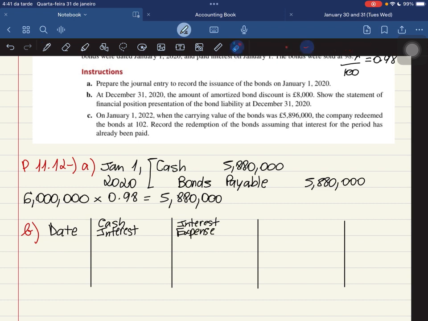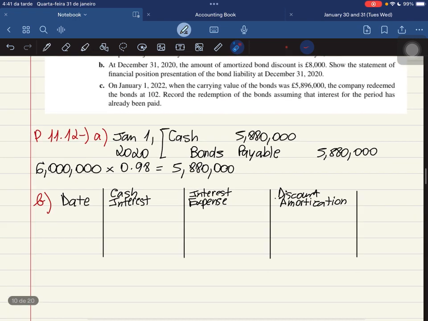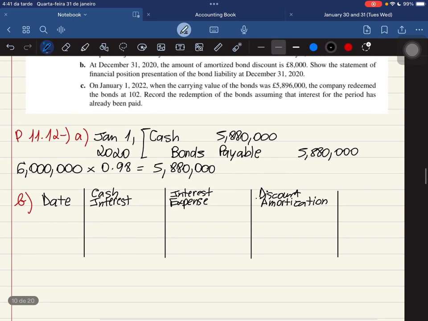Over here, we know that it's a discount because they said this bond discount. So over here we would have discount amortization. We also know that because the issuance price is smaller than the face value, so this is definitely a discount bond.